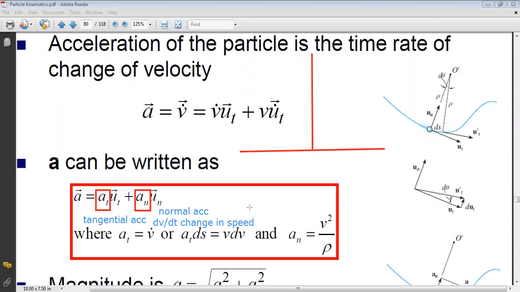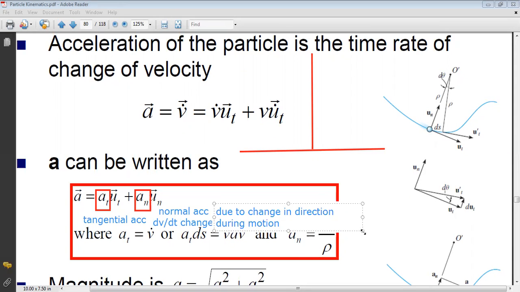So the normal acceleration is given by v square over rho, and it's due to the change in direction during motion. And we only have it for curvilinear motion. If you have rectilinear motion, we don't have any.